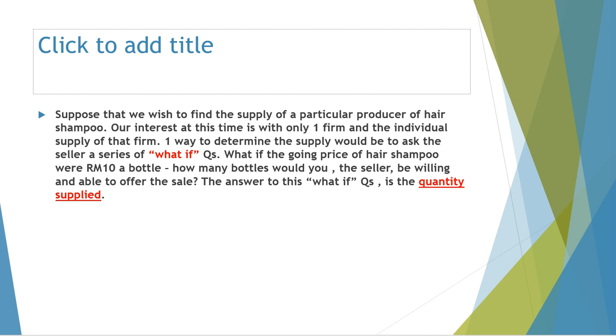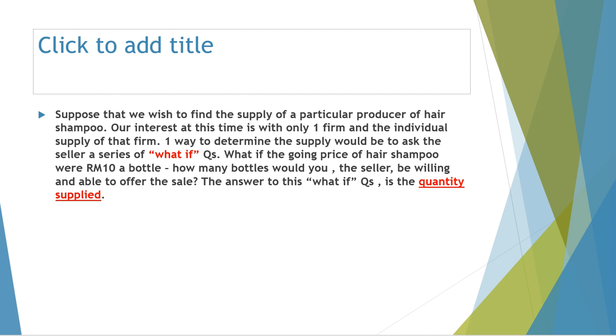So, the first question. What if the going price of hair shampoo were RM10 a bottle? Macam mana kalau harga untuk shampoo tu adalah RM10 sebotol? Berapa banyak awak, which is the seller, be willing and able to offer for sale? So, of course, the answer to this what if question is the quantity supplied.